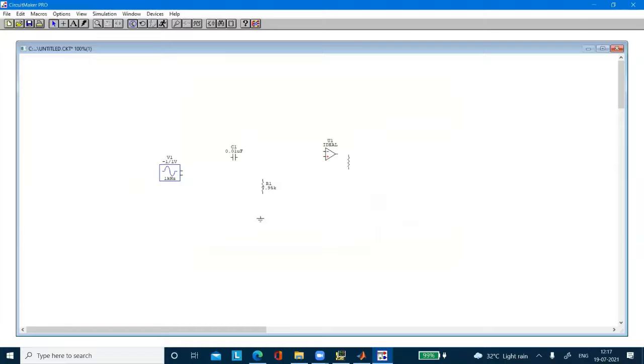This is R, passband gain R, this is also R. All right. Mirror, rotate, plus plus. Okay. R, C, R, C, then ground.